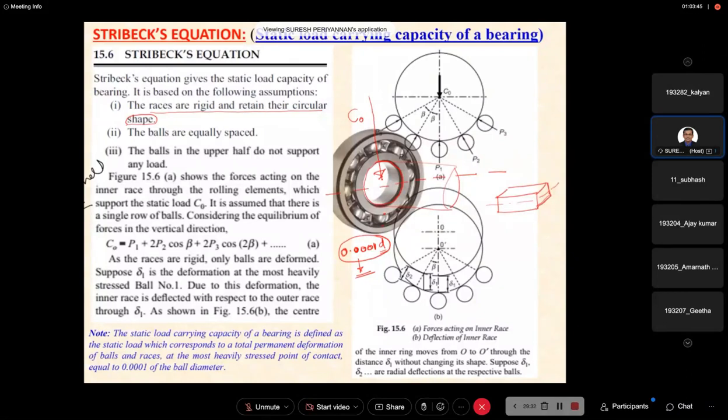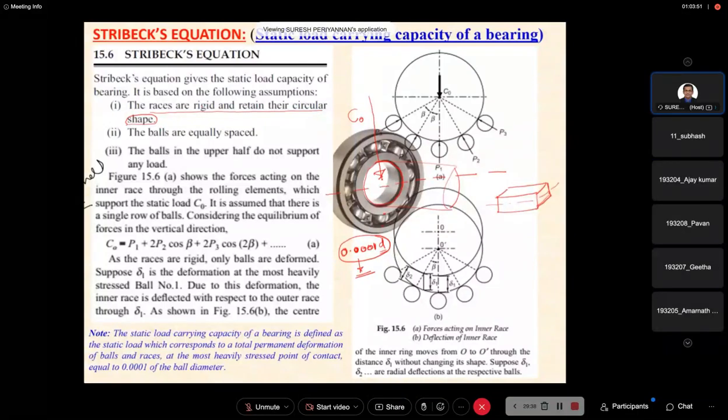Yes, sir. Similarly, he considered in his assumption, the first assumption, the races are rigid and retain their circular shape. And the balls are equally spaced.